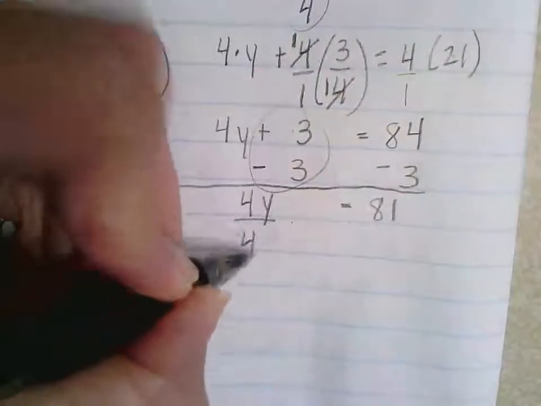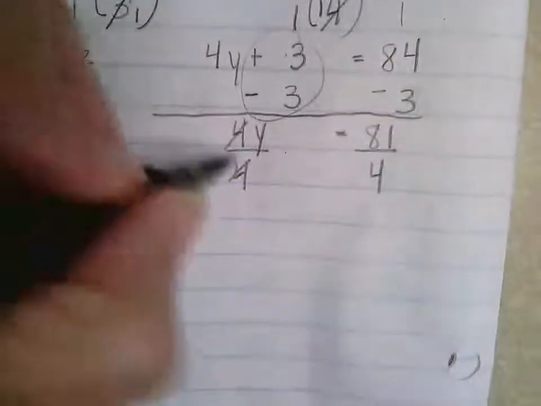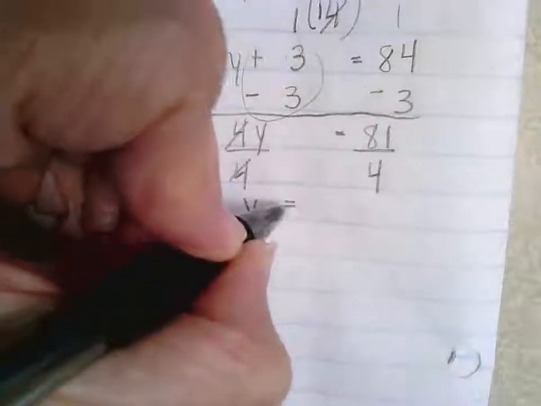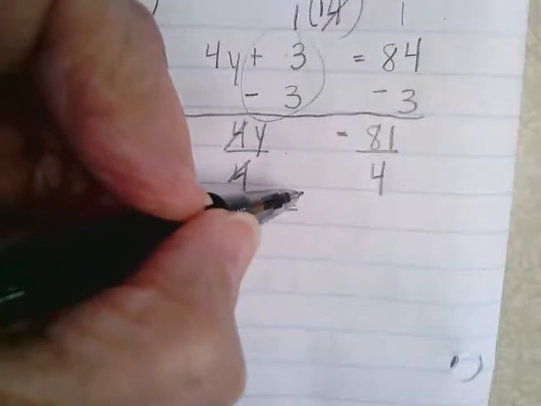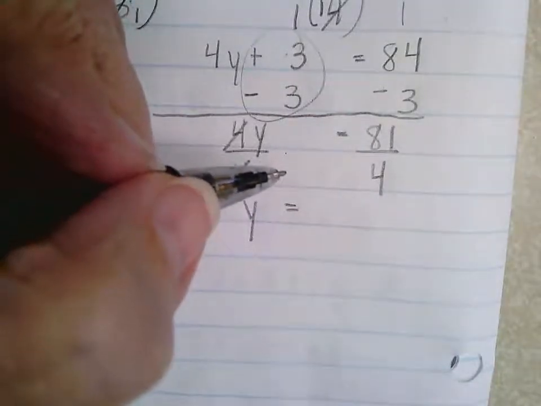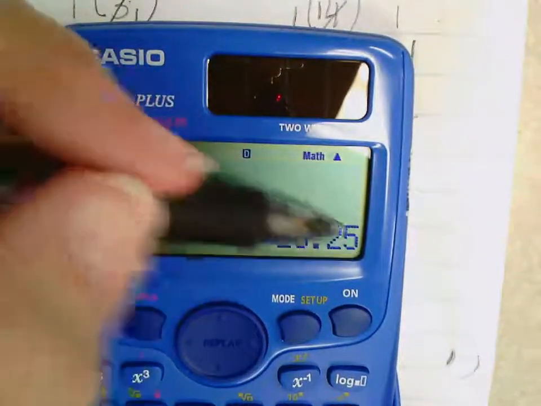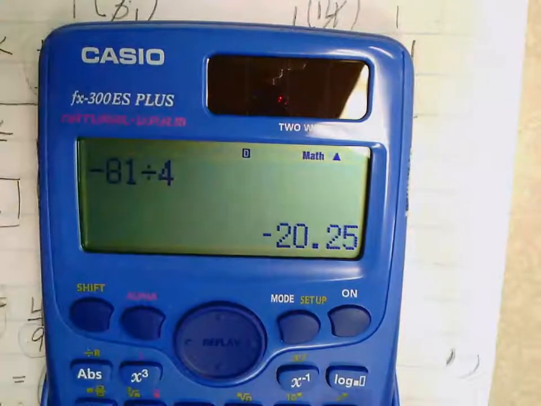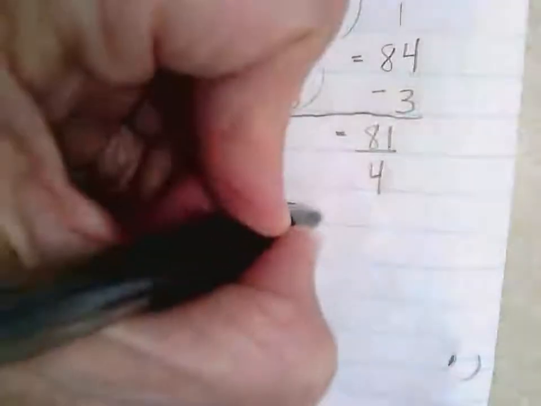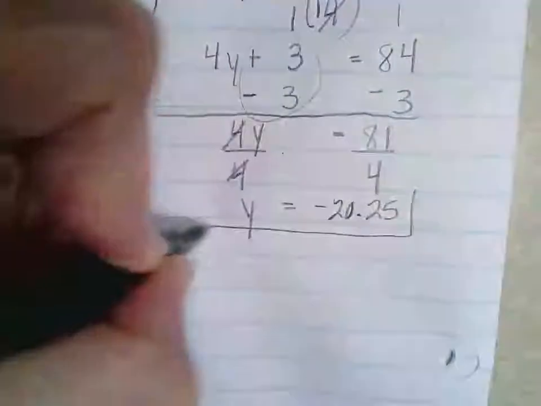Divide both sides by 4 because this is multiplication, so I'm undoing the multiplication. And y is equal to negative 81 divided by 4. This one is not a repeating decimal. It does terminate after 2 decimal places. So my answer is negative 20 and 25/100ths.